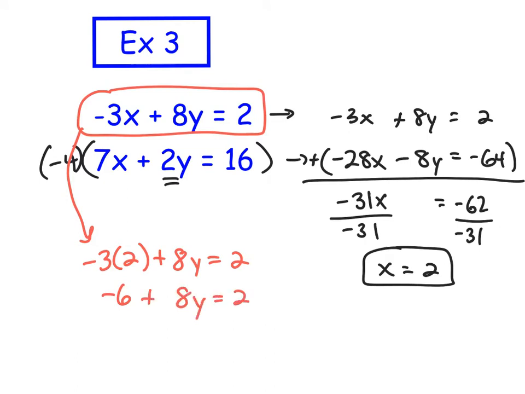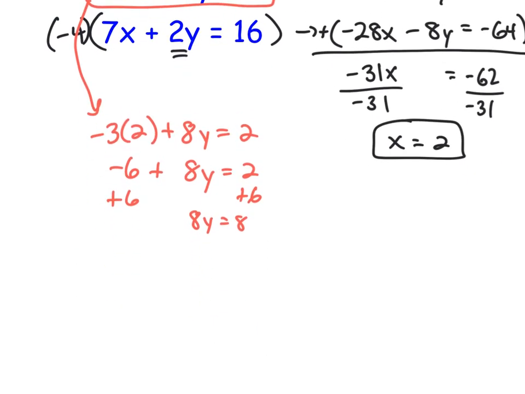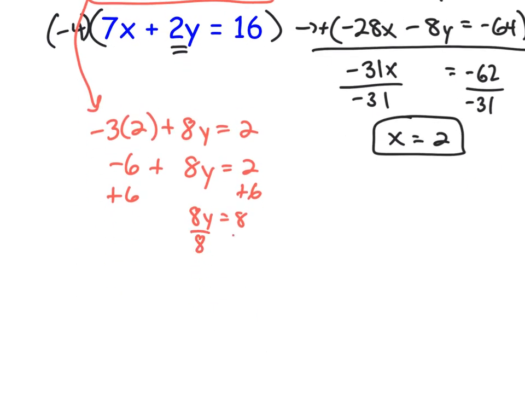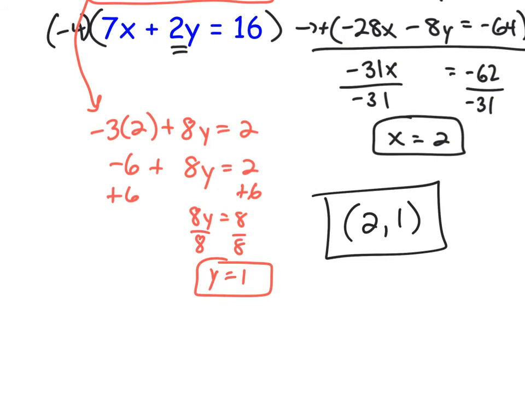And then I'm going to solve for y, so I want to get rid of that plus negative 6. I'm going to add 6 to both sides. I get 8y equals 8. And then I'm going to divide by 8, and I get y equals 1. So our final answer for this is x is 2 and y is 1. That's where those two lines are going to cross on the graph.